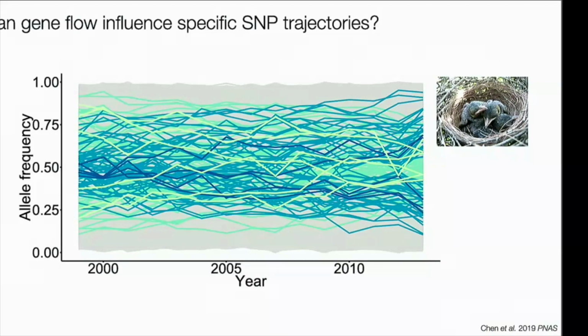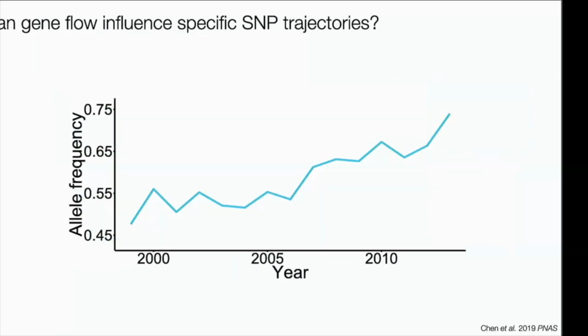We had about 200 SNPs that changed in frequency by more than 0.15 over this 15-year time period, which is a relatively short time period. Some SNPs actually change in frequency by like 0.3, which is quite a bit. And so we wanted to see if these large allele frequency shifts were driven by selection or gene flow or drift.